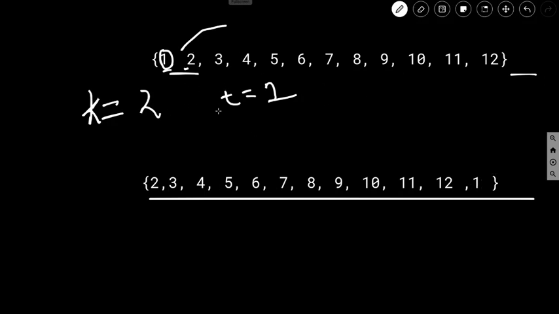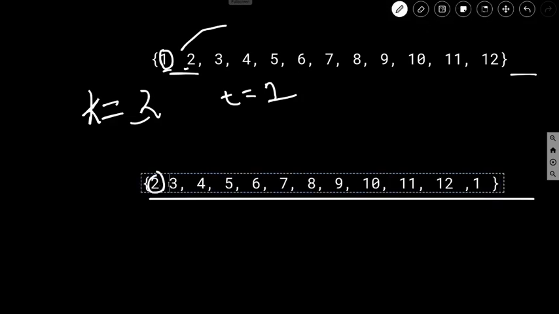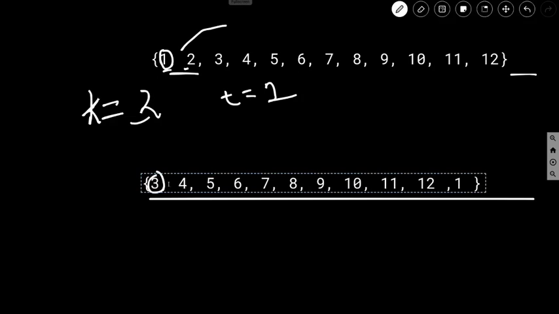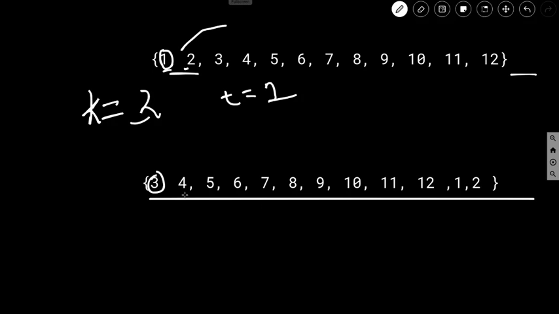Suppose we want to do the rotation by 2. We will now choose your 2, take this value 2 and store it in another temporary variable, and after shifting the values we will store it at the end. So the final array would be something like this: 3 4 5 6 8 9.